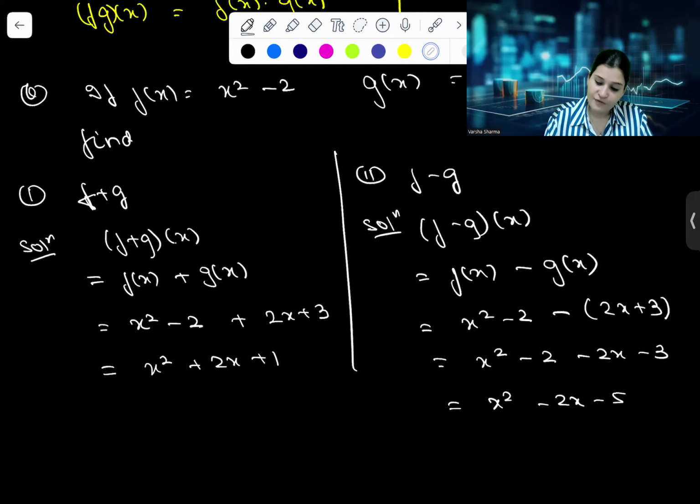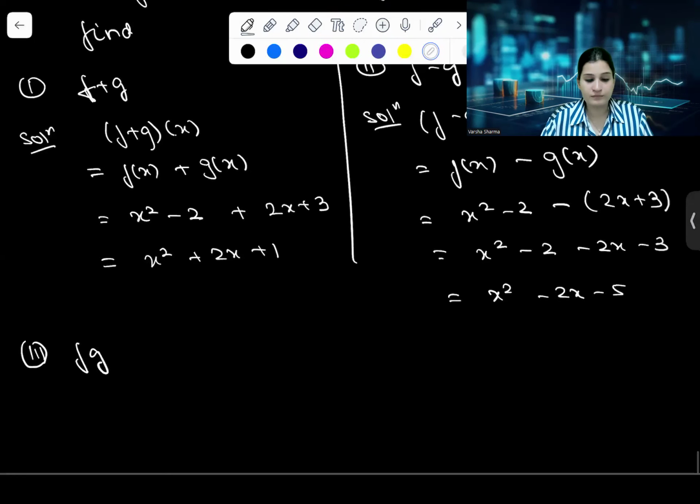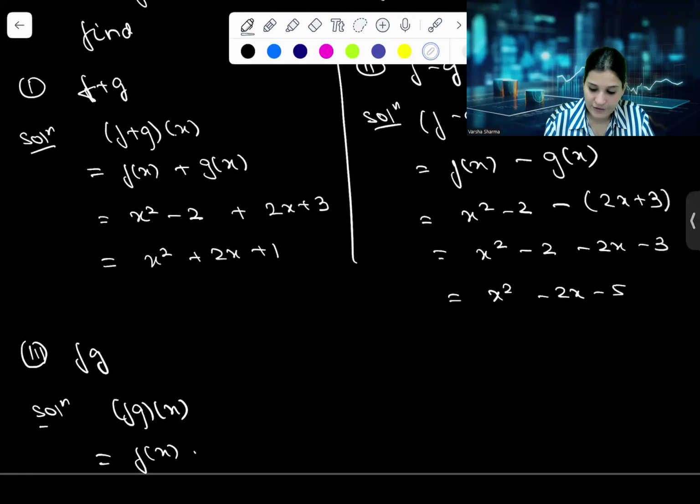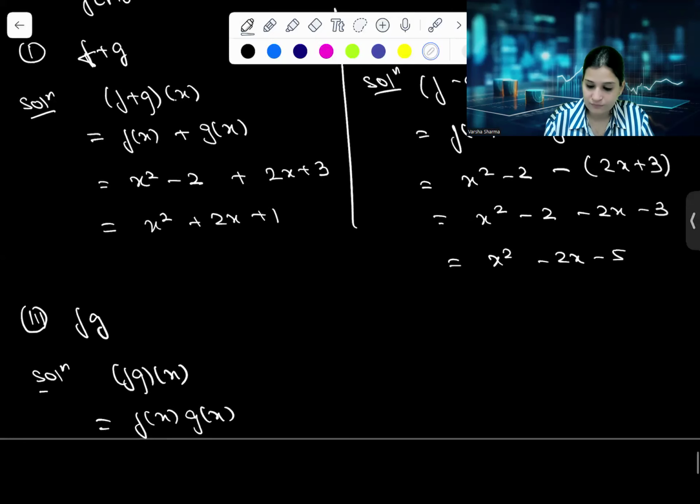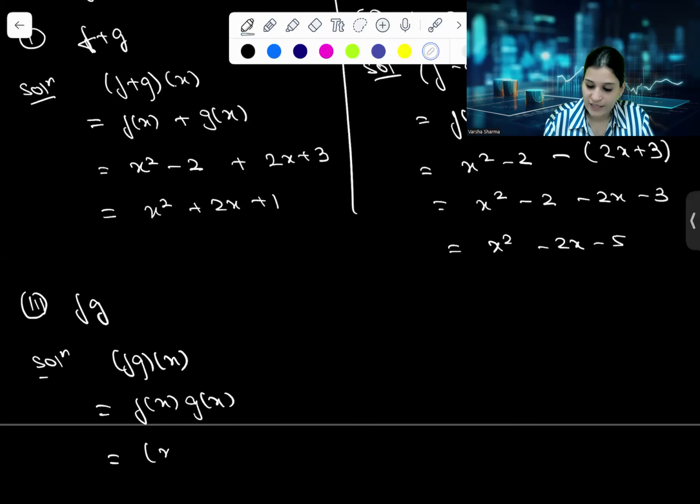Yes? If I would have asked you what is fg, what will we do? F of x into g of x. First we will write fg of x, then we will write fx into gx. So x square minus 2 into 2x plus 3.